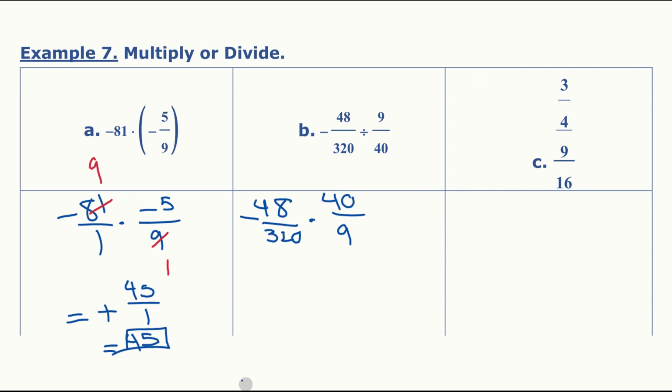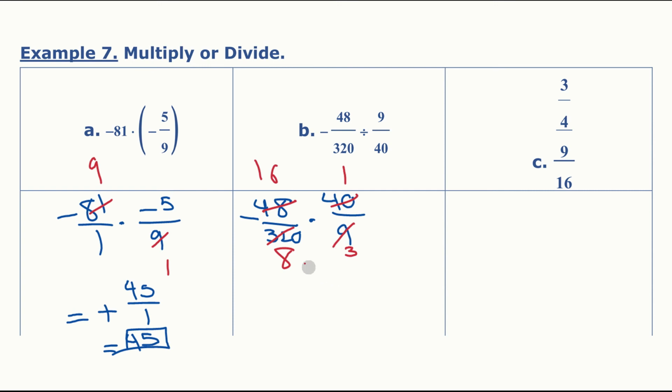Again, we could proceed and multiply things out as large as they are, but notice how much more efficient it'll be if I don't do that, and if I realize the fact that 40 goes into 320 8 times, it goes into itself 1 time. I notice here also there's a little bit of cancellation. 3 goes into 9 3 times, into 48 16 times.